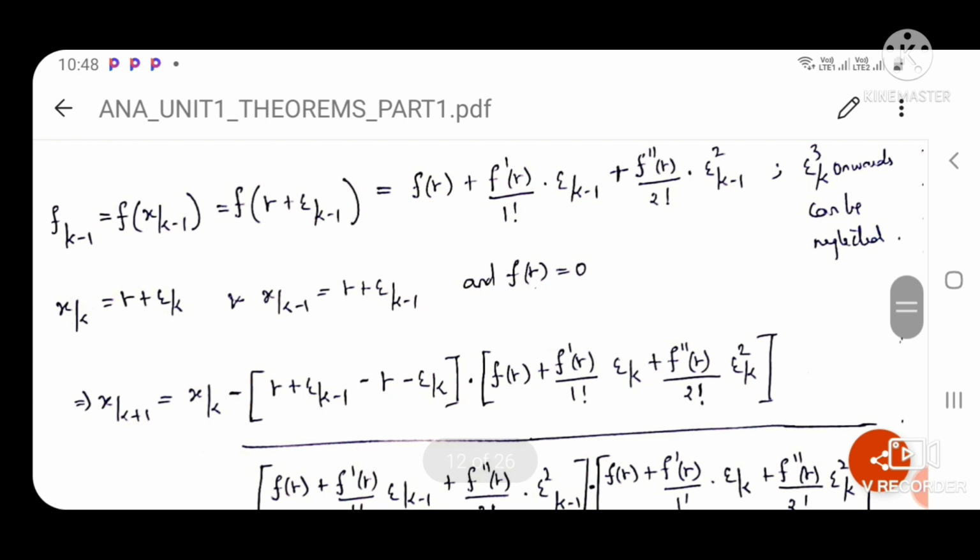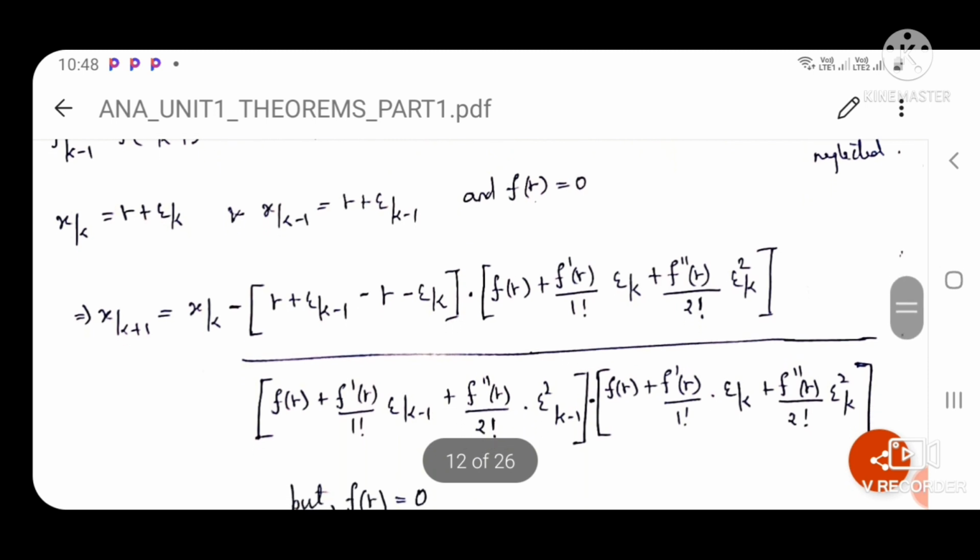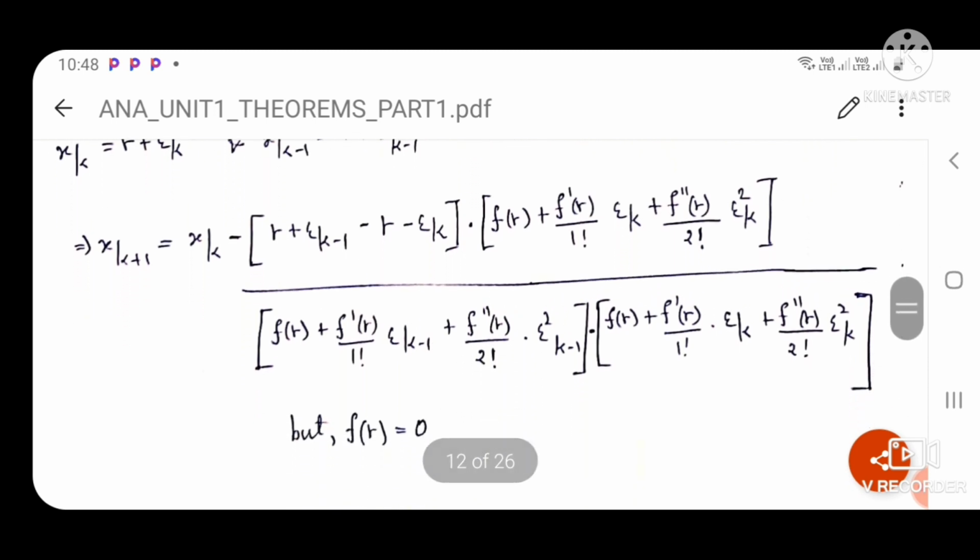Now I've written here a point that xk equals r plus epsilon k, xk minus 1 equals r plus epsilon k minus 1, and f of r actually equals 0. Now we are substituting all the values in the recurrence relation. We have just done this particular procedure.